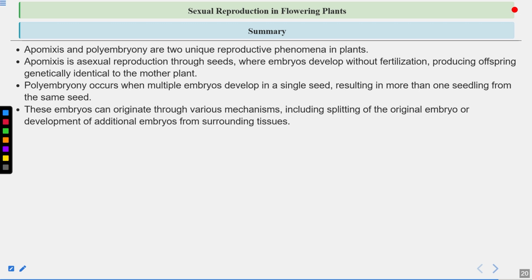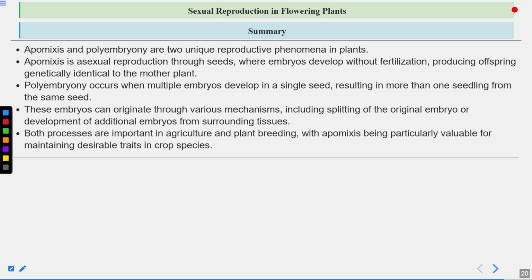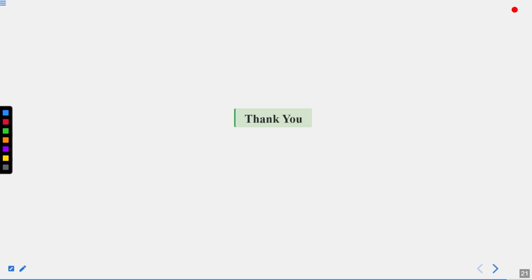These embryos can originate through various mechanisms, including the splitting of the original embryo or development of additional embryos from the surrounding tissues. Both processes are important in agriculture and plant breeding, with apomixis being particularly valuable for maintaining desirable traits in crop species. So this is the end of today's lecture and also this particular chapter.